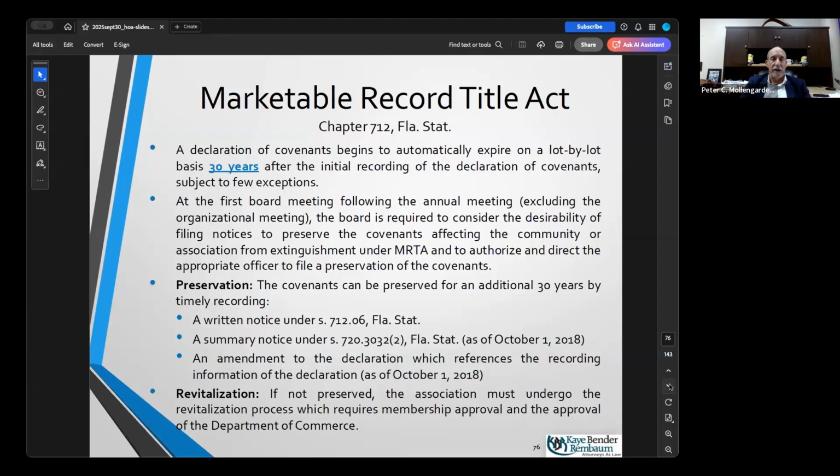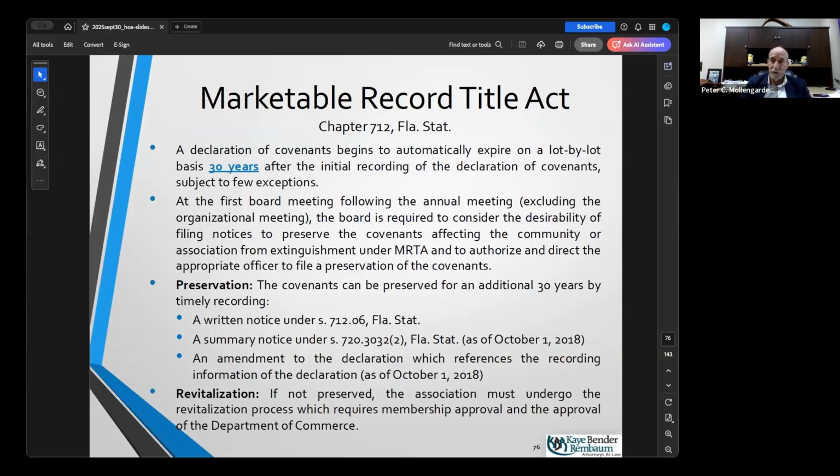The Marketable Record Title Act, or what we call MRTA. This deals with preserving your documents. If you're in a community that's getting a little older, please be advised that a declaration of covenants, and this doesn't apply to condos, only to HOAs, will expire on a lot by lot basis 30 years after the declaration was recorded, unless preserved.